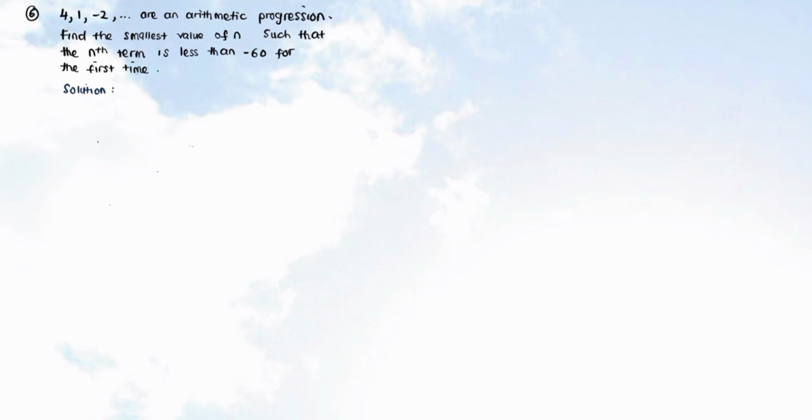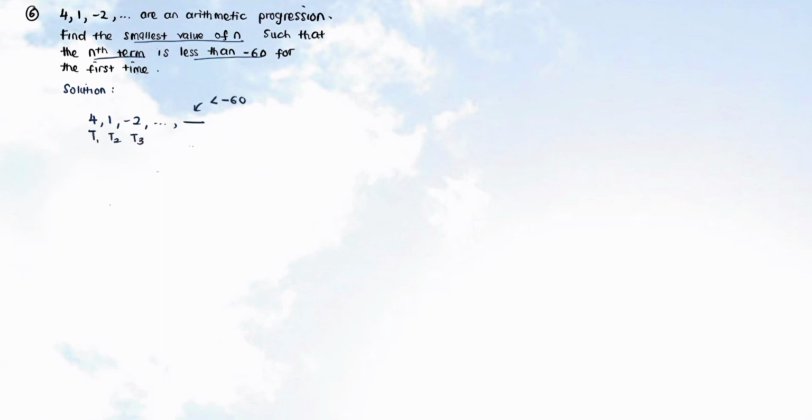Question number 6. 4, 1, negative 2 are in an arithmetic progression. Find the smallest value of n such that the nth term is less than negative 60 for the first time. 4, 1, negative 2, until the number here is less than negative 60.